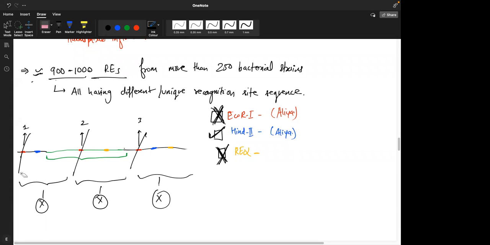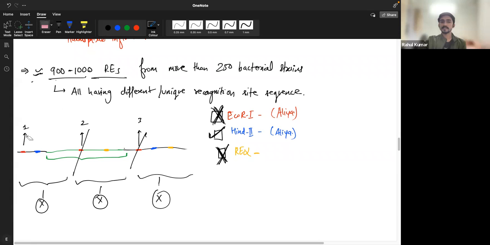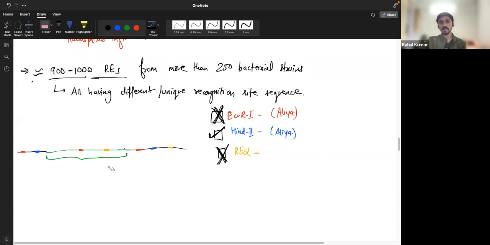Yes, sir. So, restriction enzymes know nothing. They just know whenever they see their recognition sequence, they will go and cut the DNA at that point. All they need to know is that recognition sequence. If the recognition sequence comes anywhere inside our gene, then we cannot use that restriction enzyme for that experiment where we want to clone that gene.